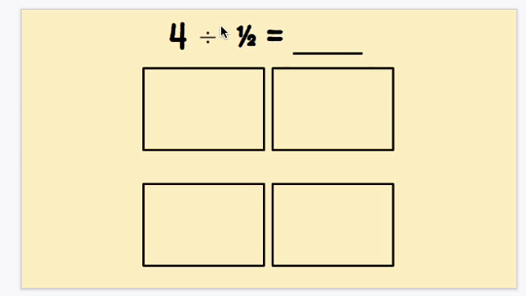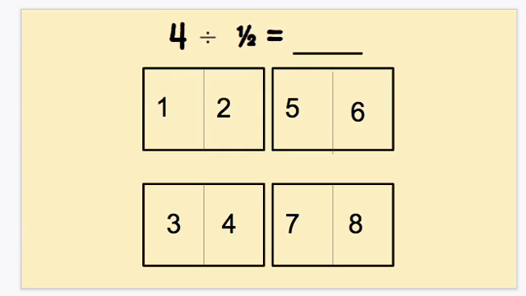I know that I need to cut each rectangle into half. Now that I've taken all 4 rectangles and cut them into half, I need to count up the total number of pieces in order to find my answer. Altogether, I have 8 total pieces. So the answer to 4 divided by 1/2 is equal to 8.